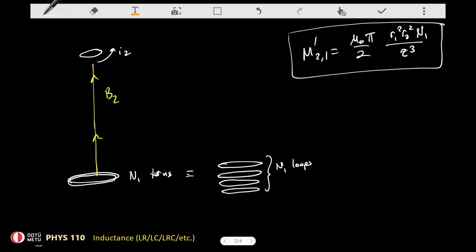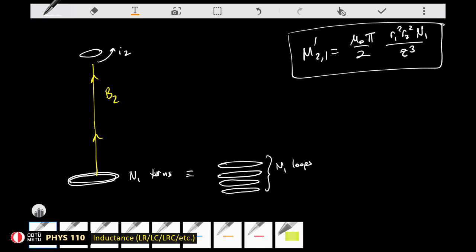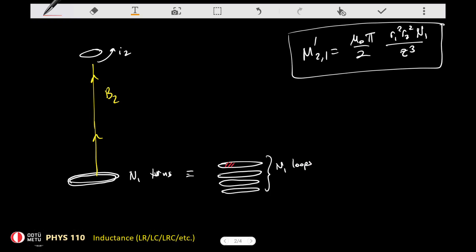So instead of a single wire which goes around the same area many times, you can think of N1 different circuits with each one having its own area. So as a result, the surface area enclosed would be multiplied with N1.